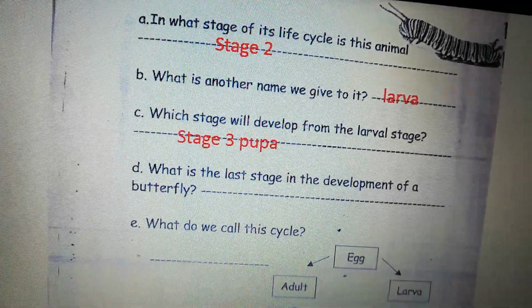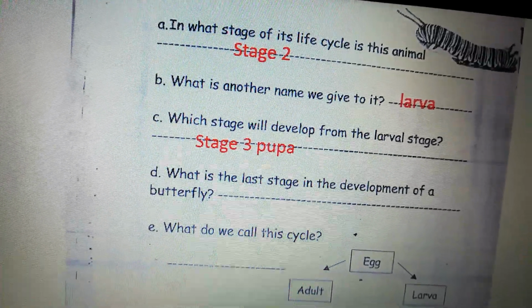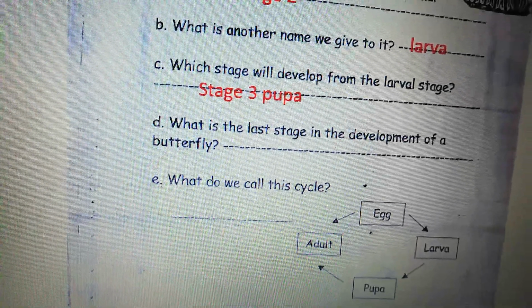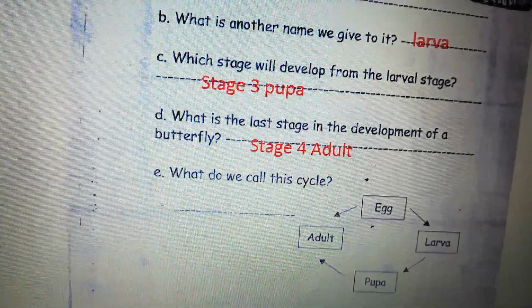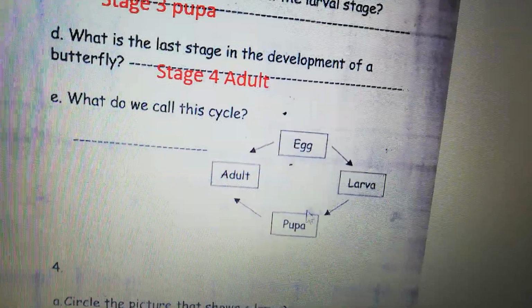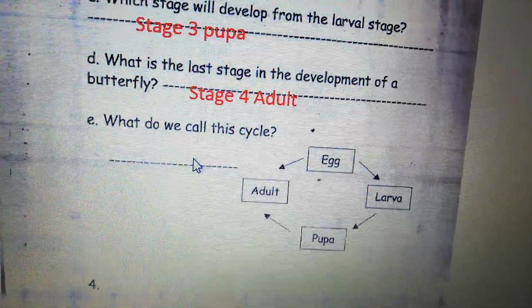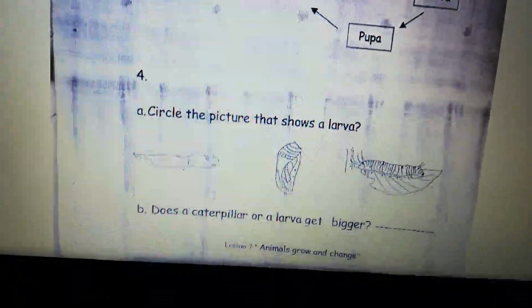Stage 3, which is pupa. So after the larva, we have stage 3, which is pupa. What is the last stage in the development of a butterfly? It is stage 4, where it becomes an adult. So this is the diagram. We start with an egg, and then with the larva to pupa, and then an adult. And this is what we call the metamorphosis of a butterfly.